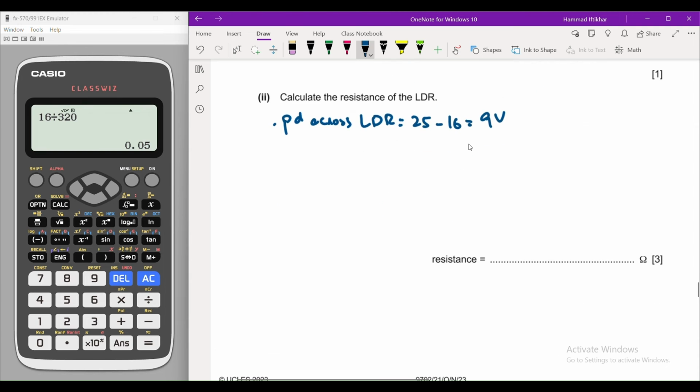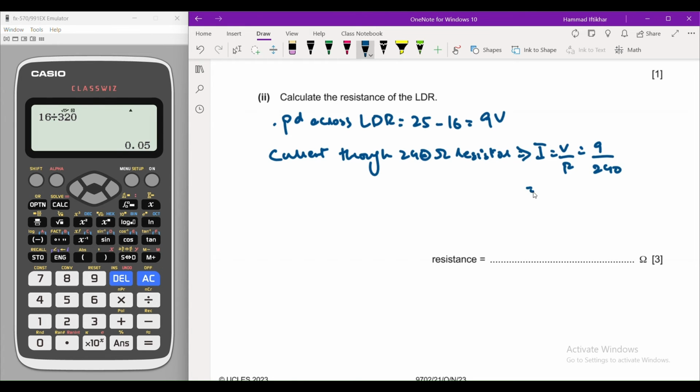So the current through the 240 ohm resistor is equal to V over R, 9 divided by 240, which is equal to 0.0375 amps.